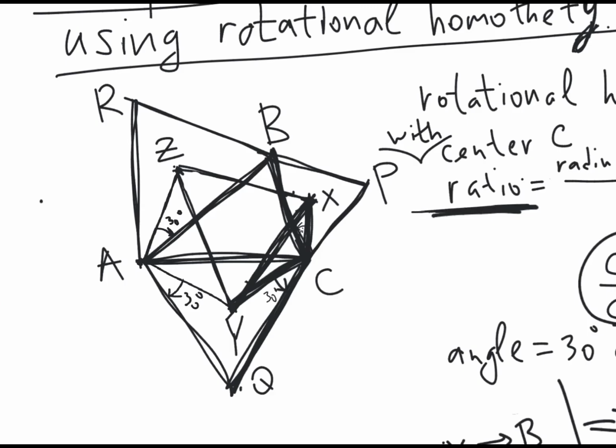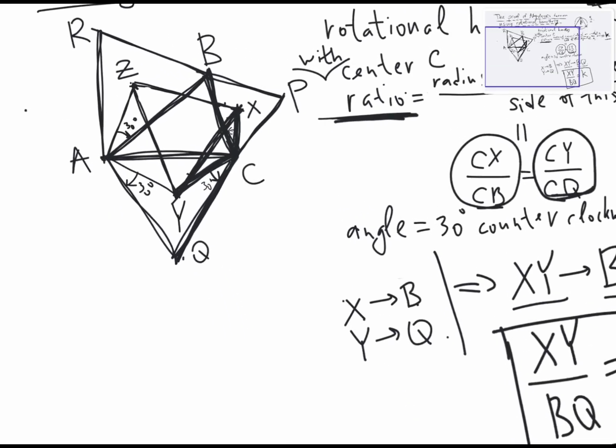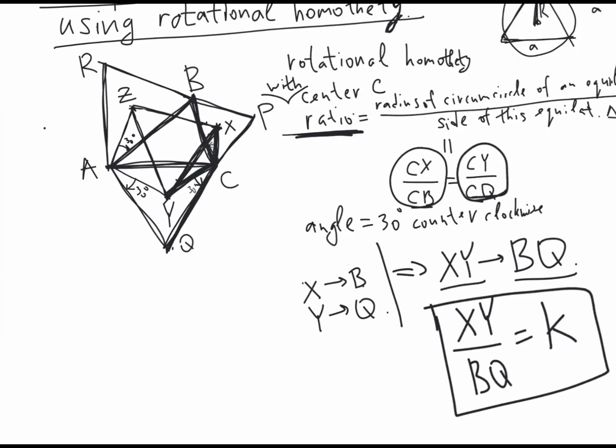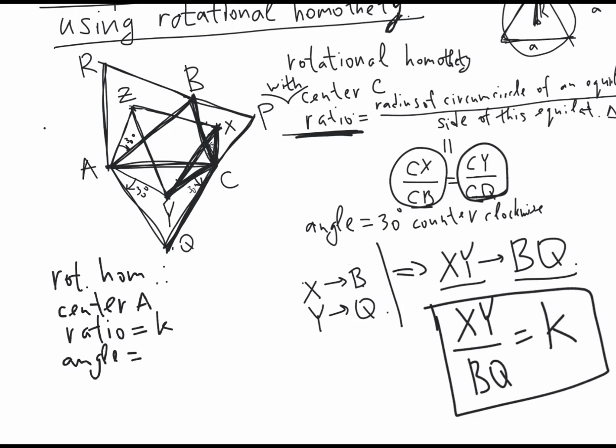So then another rotational homothety with center A, the same ratio K, and angle 30 degrees.